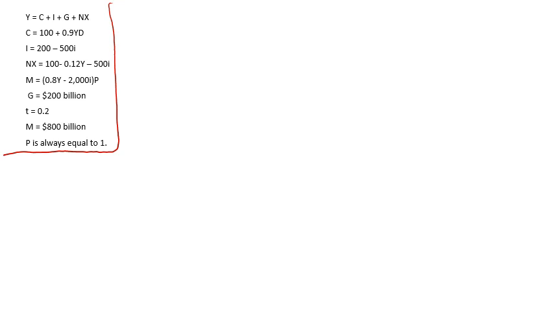All right, so where do I start here? With this equation here. M over P, which is the equation for the real money supply, is equal to L, which is equal to KY minus hI. Okay. All right.